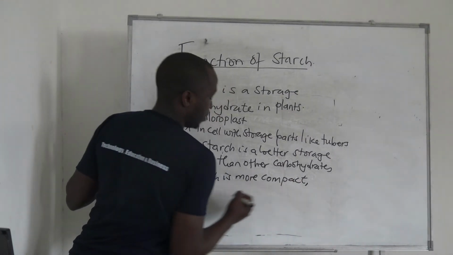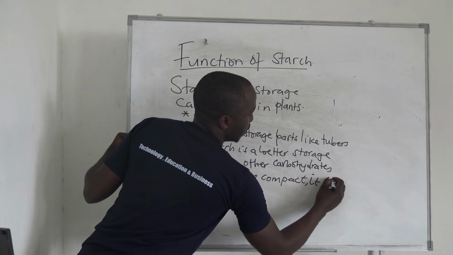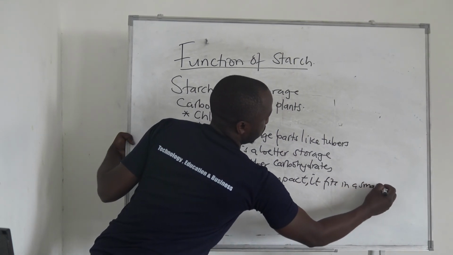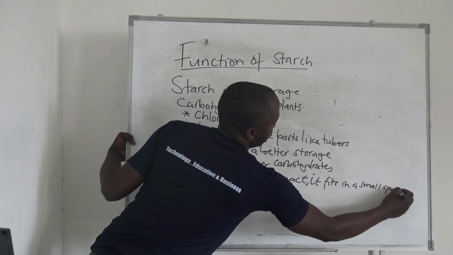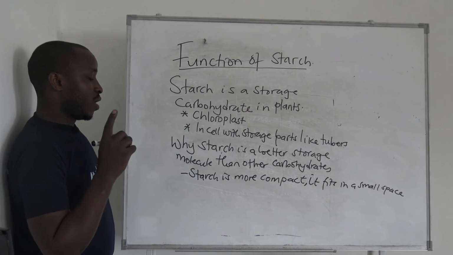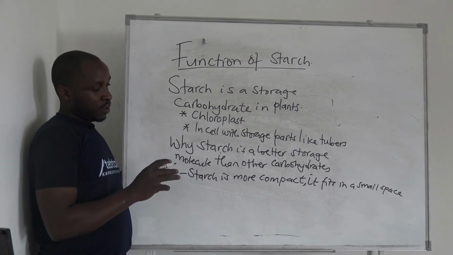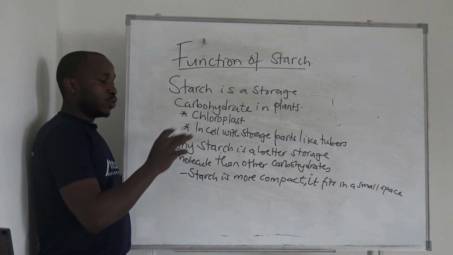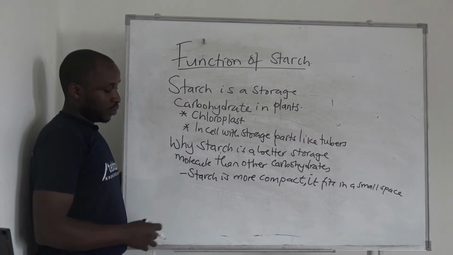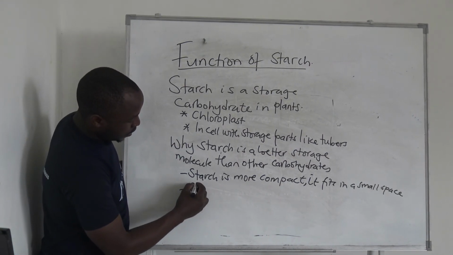So if it is more compact, it fits in a small space, meaning a lot can be compacted in one place. That gives it an upper hand over sucrose and other carbohydrates we are going to discuss, cellulose and glycogen.